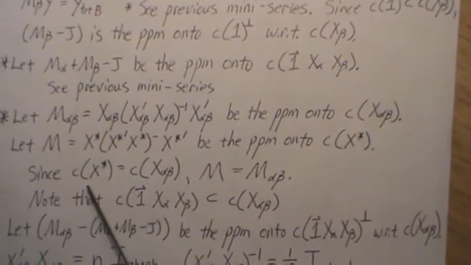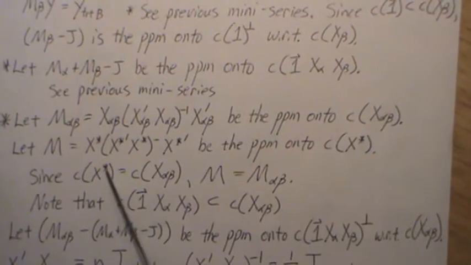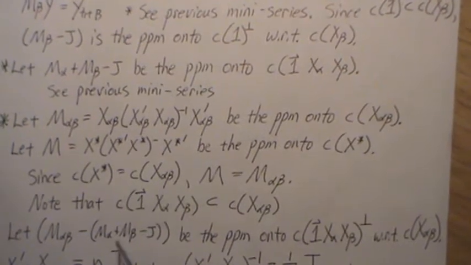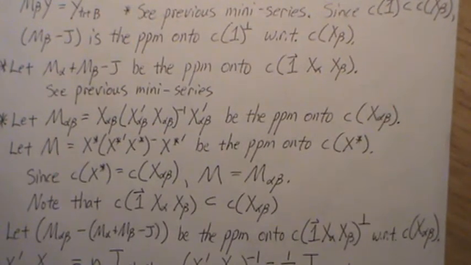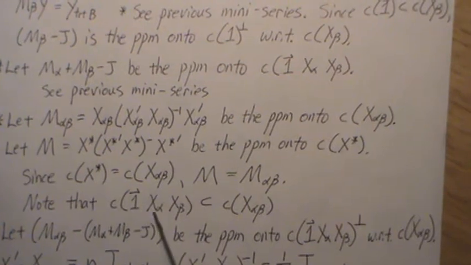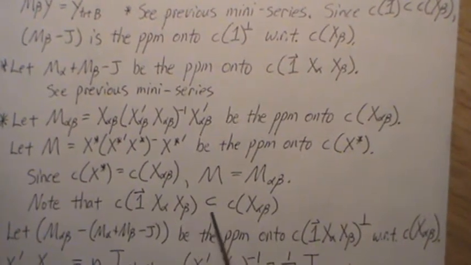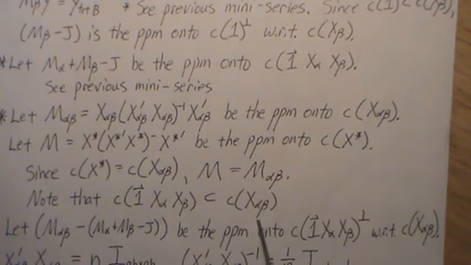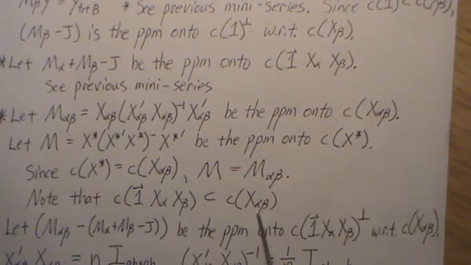But since the column space of X star is equal to the column space of X alpha beta, and perpendicular projection matrices are unique onto a column space, that says M is equal to M alpha beta. Now note that the column space of 1, X alpha, X beta is a subspace of the column space of X alpha beta.